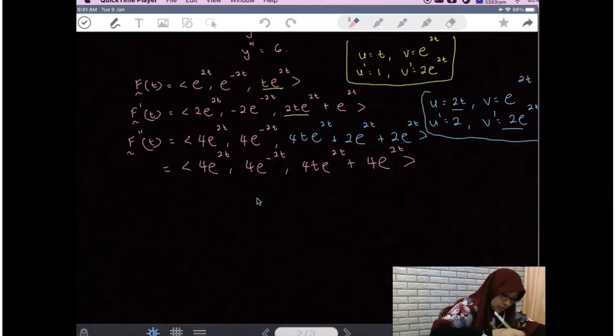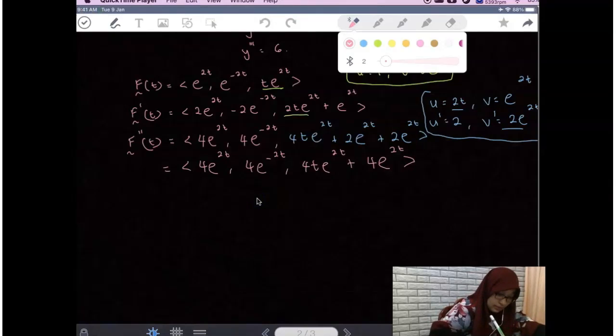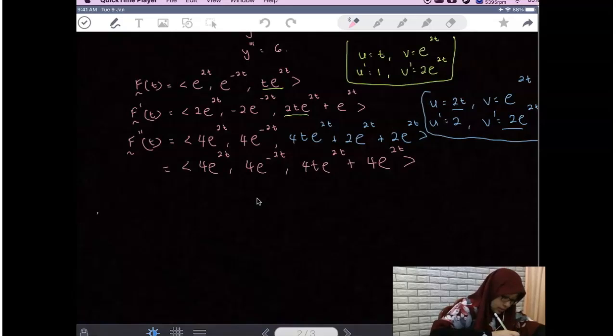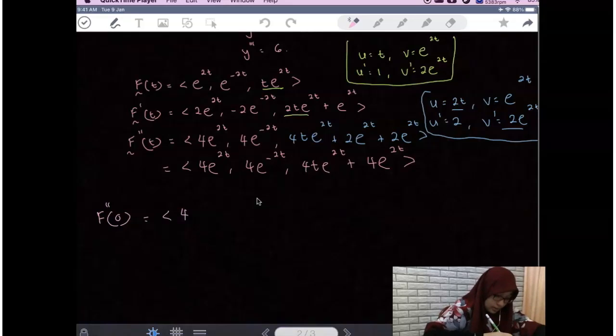Okay, so we substitute t equal to 0. So we got 4, and then 4, and 0 plus 4. So we've got 4, 4, 4.